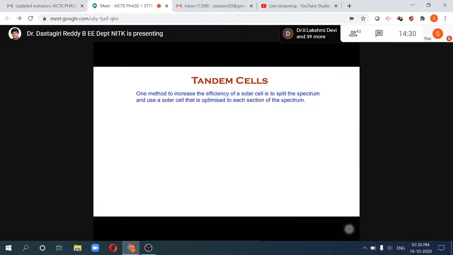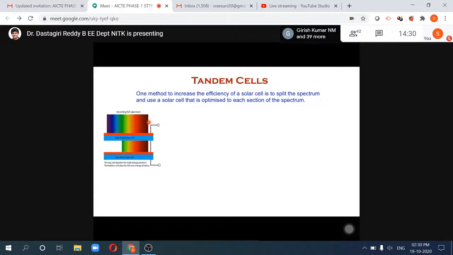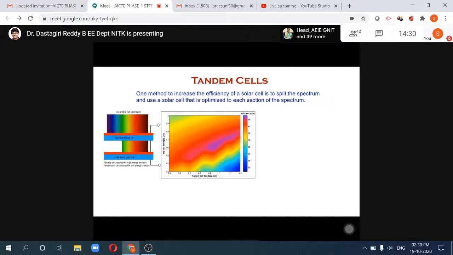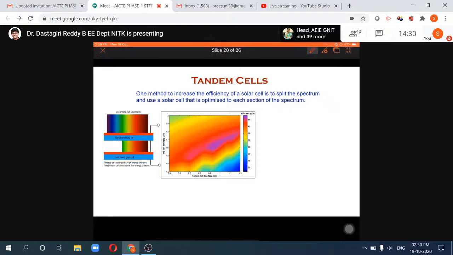Tandem of cells. What is a tandem of cells? I hope you can recall what I said in the morning session. When there is an incoming spectrum with all the lights, you can have a high band gap cell which can utilize the blue light. The band gap varies from 3 electron volt to 1.7 electron volt.